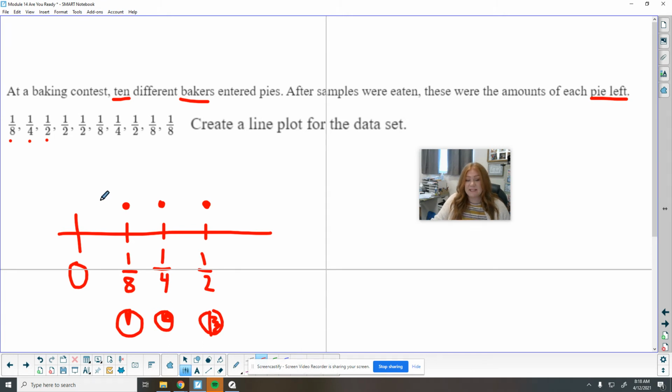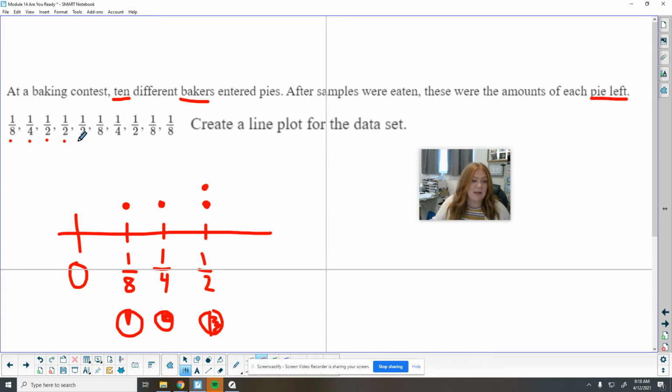One thing it's nice to do is to make sure that these are lined up, because these are all representing one pie that had this much left. So I don't want to put one up here and one down here. That might skew it when we're looking at it, and we might think, oh, this one has more because its line went higher. So we want to keep everything nice and level as we're going across. Our next one is 1/2.